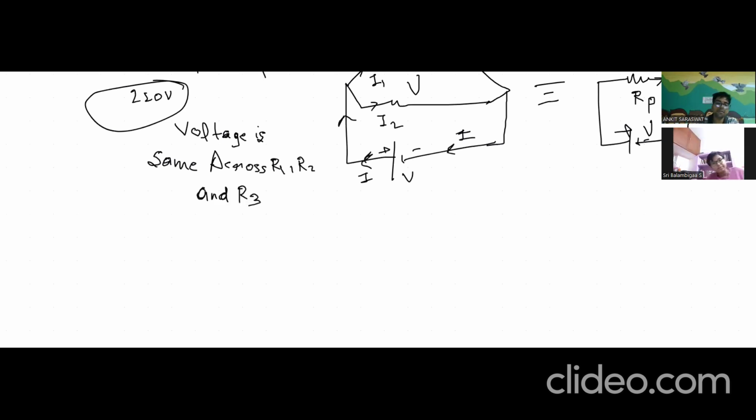Clear? And what is different? I is different. I is different across R1, R2, and R3. Is it clear?